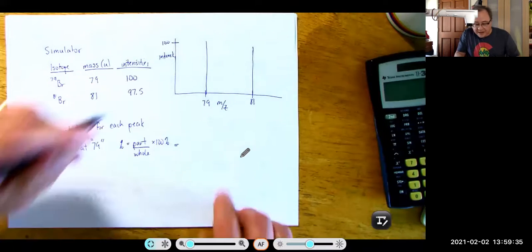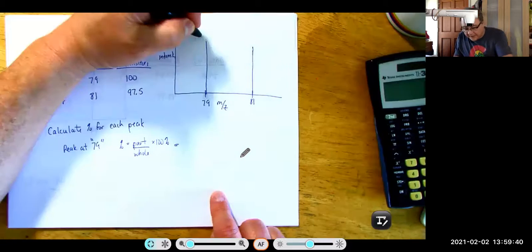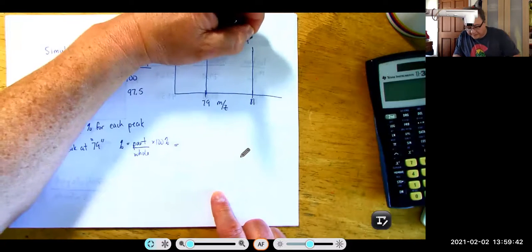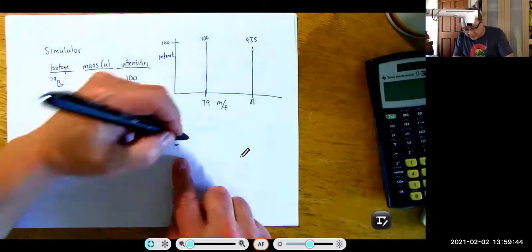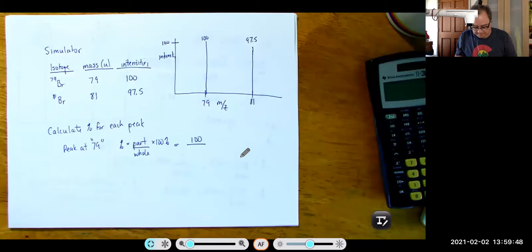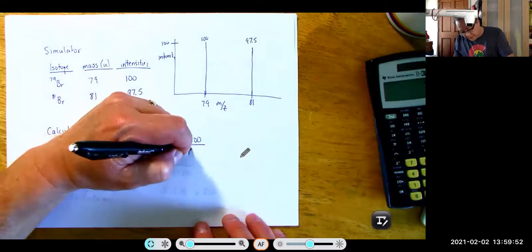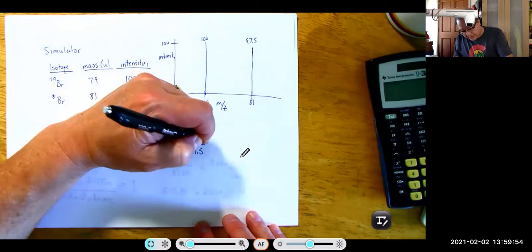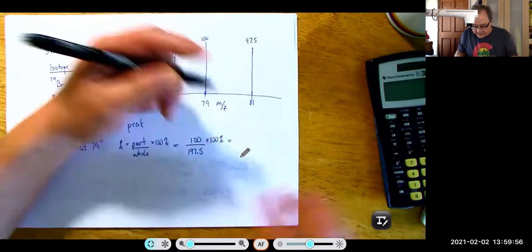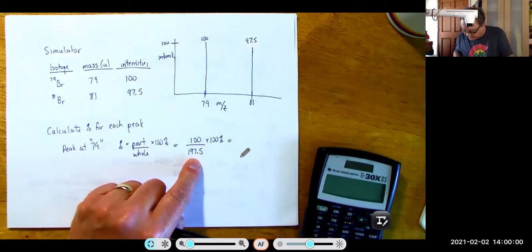So for the 79 peak, this is 100 and this is 97.5. The part is 100. What's the whole? 197.5. 197.5 times 100%. And let's see what we get. We get 4 significant figures because of the 197.5.